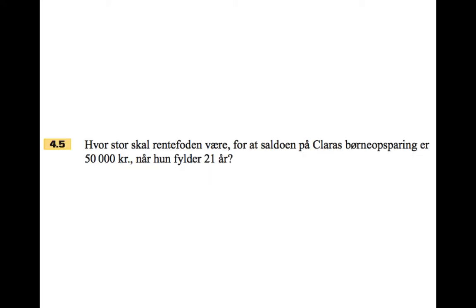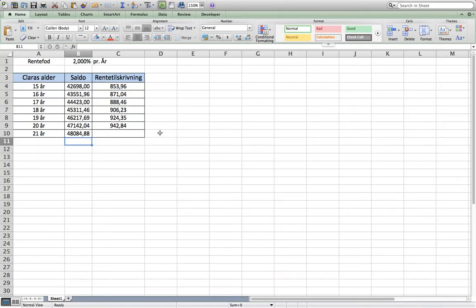Question 4.5. What does the interest rate have to be in order for the amount on Clara's child savings account to be 50,000 when she reaches 21? Well, let's go back to the spreadsheet. And here on the spreadsheet, because we set this up as formulas, then we can see what happens when we change the percentage.